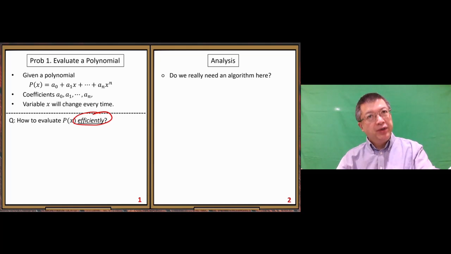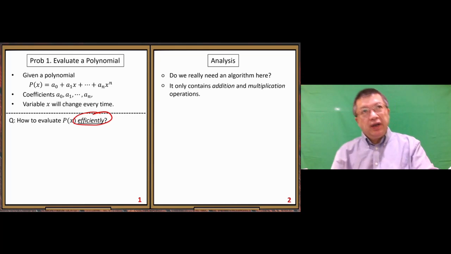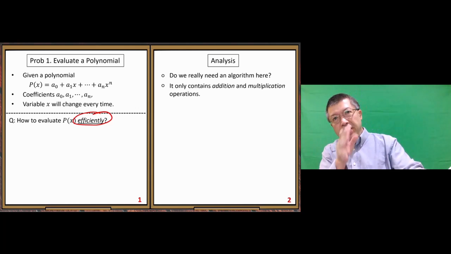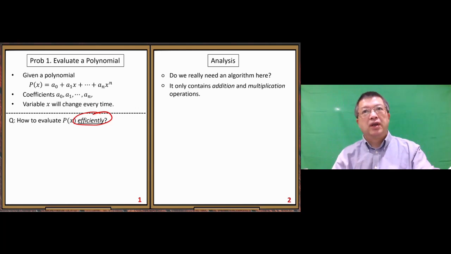Here, for this particular problem, do we really need an algorithm here? If it is so easy, why do we need a special algorithm? Right? So the first question. Let's try to look at the details.